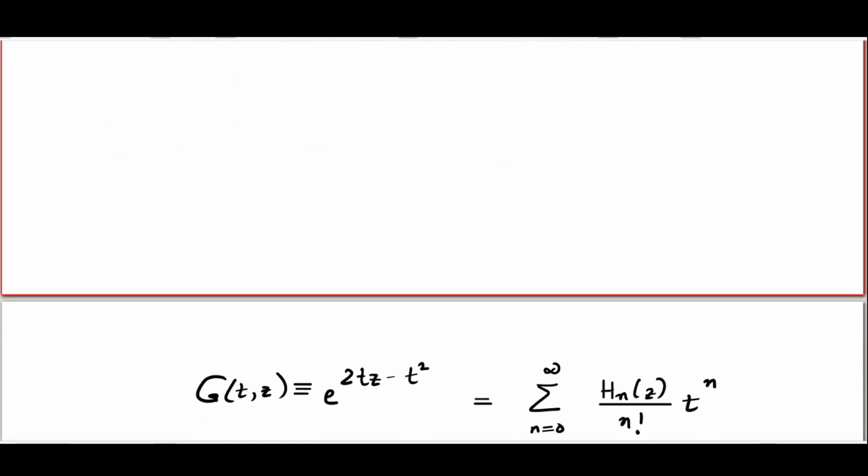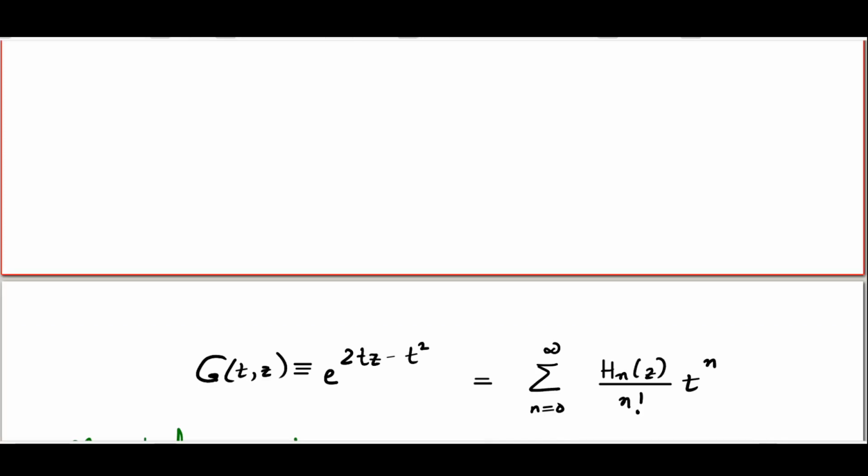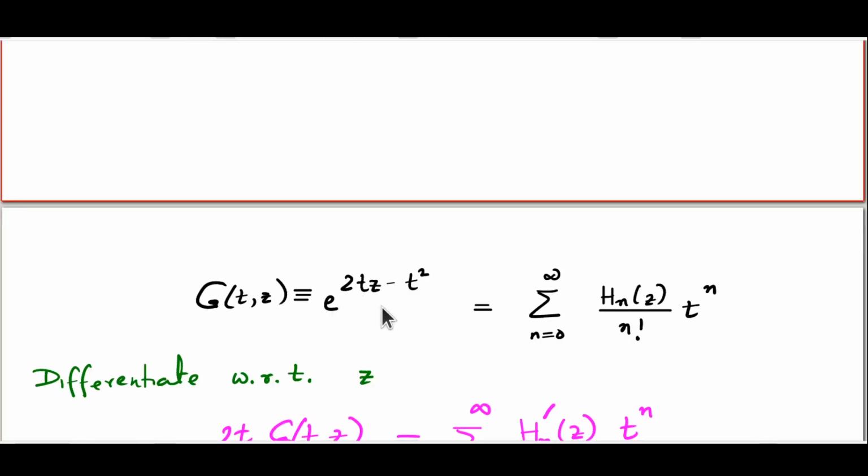Well, for this, what we will do is we will start by labeling the generating function, obviously, as g, for generating, of two variables t, z, and this of course is the defining property for the generating function. What we will then do is differentiate both sides of this expression with respect to z. If you do that, the left hand side of course is a known function of z, so it's pretty easy to differentiate.